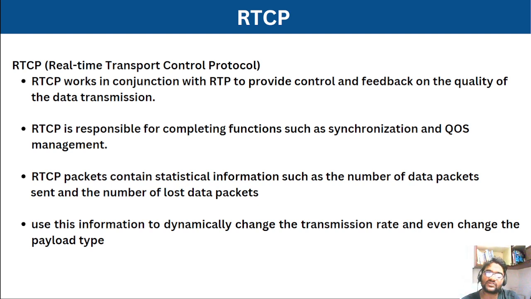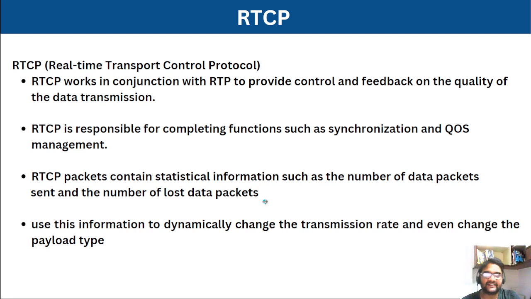Based on the RTCP statistics and data loss, the transfer adjusts accordingly. It sends information to RTP, for example, that data was lost, so it tries to resend. All those control things are taken care of by RTCP. It is responsible for functions such as synchronization and quality of service management. RTCP packets contain information such as the number of data packets and the number of lost data packets.